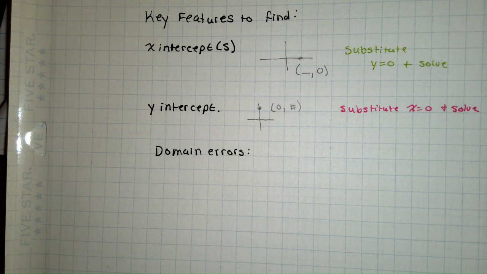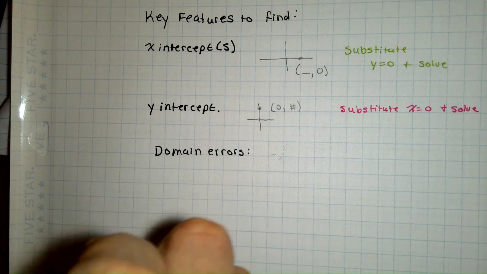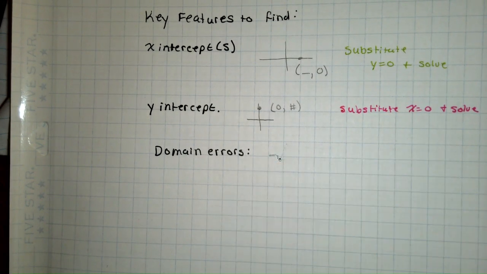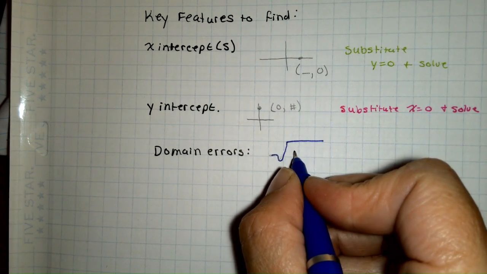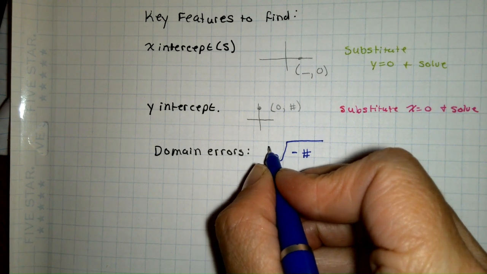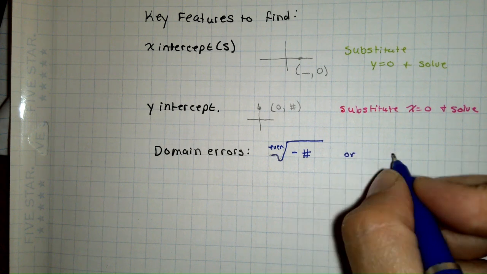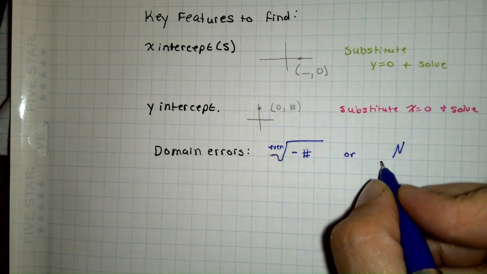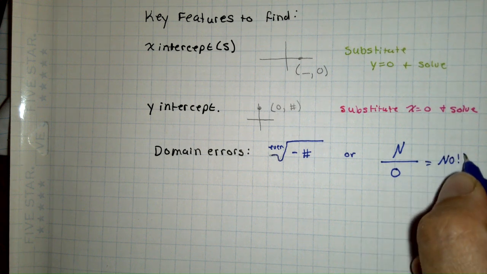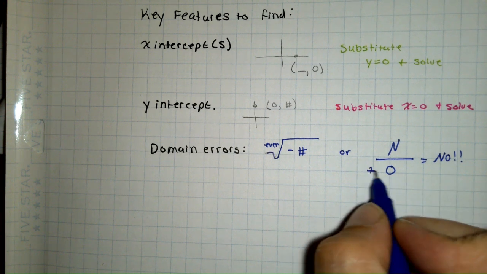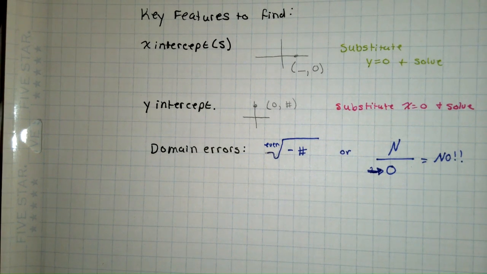There are generally two main domain errors, and it's when you have a negative number when you have an even index, or when you have a number divided by 0. You cannot do that. So 0 in the denominator. And those are the kind of domain errors we're really going to be focusing on.